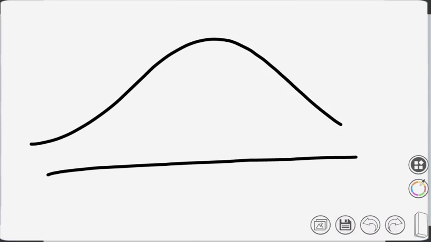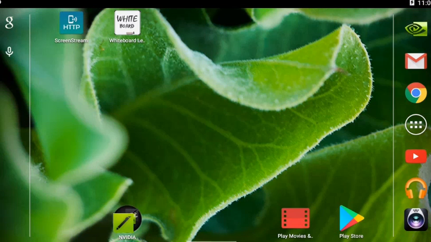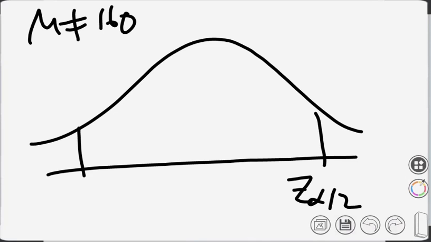I should have drawn the previous picture first, for mu not equals to 160. This is Z alpha by 2. Who can tell me what the denotation is for this point?